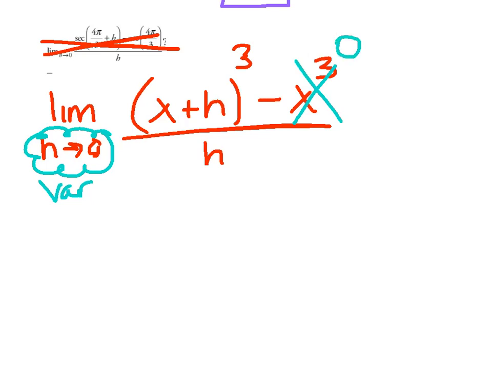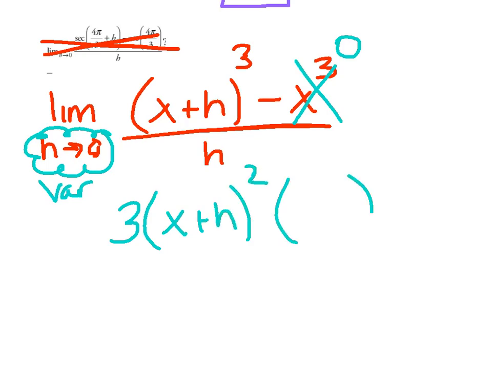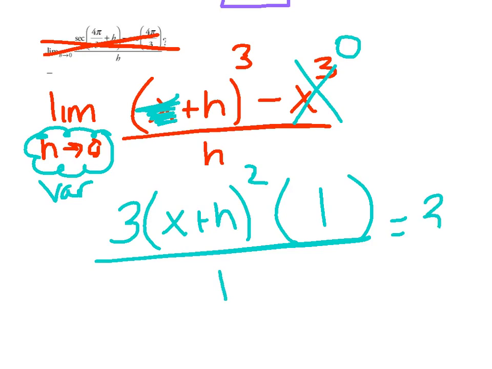So when I take this derivative, I'm going to get 3, keep the inside, raised to the second, and now I need to take the derivative of the inside. Well, remember, x is a constant, and the derivative of h, because that's taking the variable place, the derivative of a variable is 1, all over 1. Now I can plug my 0 into the letter h, and I simply get 3x squared.